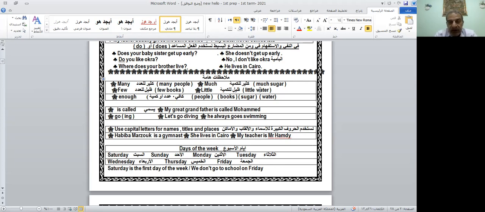If we have كمية كبيرة أو كمية قليلة, so we have to use much and little. عدد كبير وعدد قليل, many, few. So many plus plural countable noun, few plus countable noun, much plus uncountable noun, little plus uncountable noun.